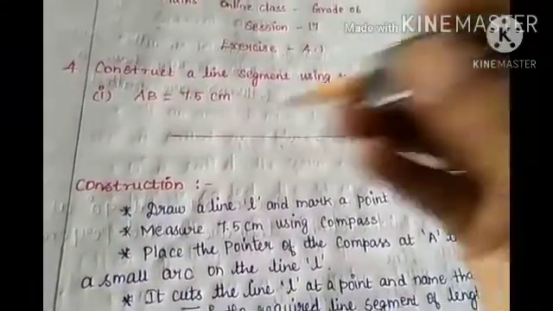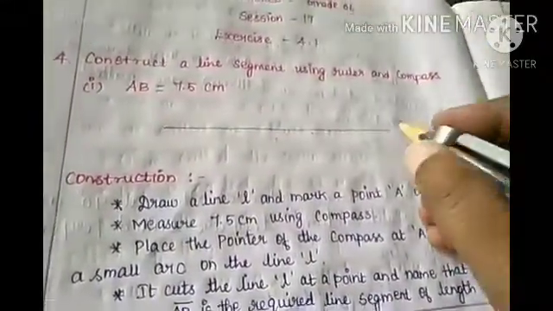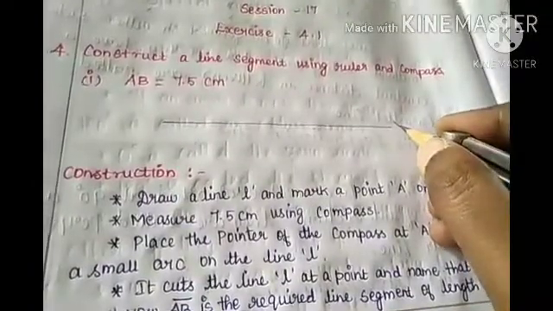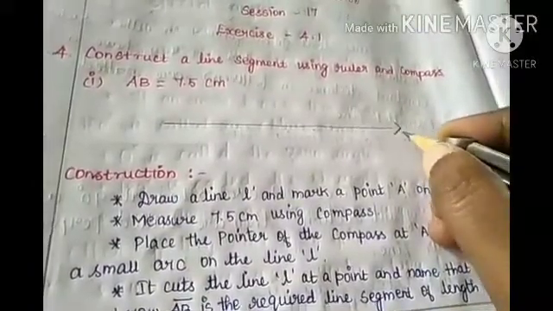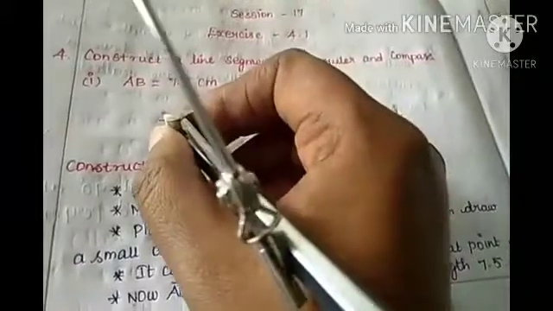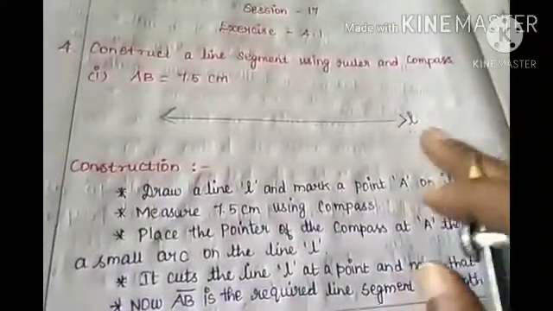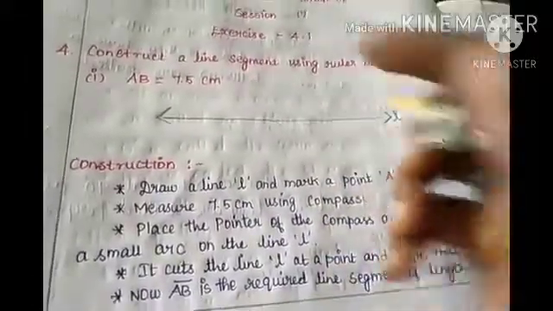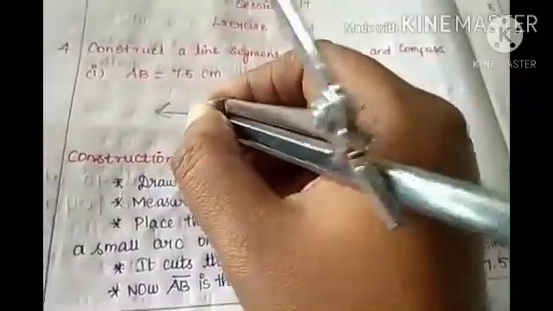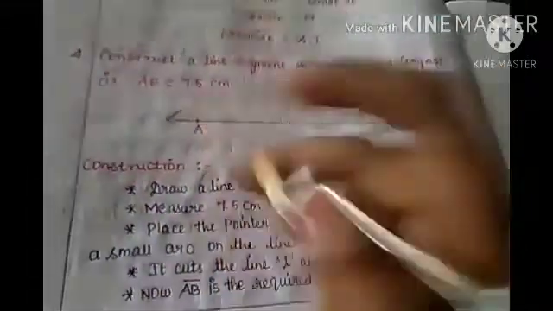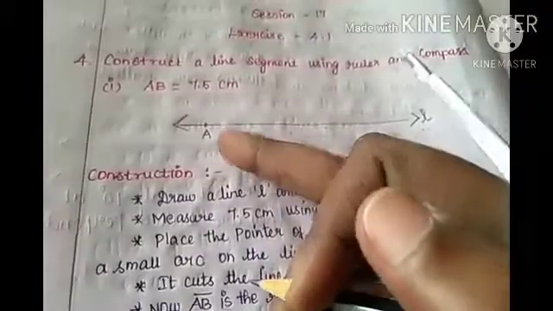I already drew one line, and its name is L. Now I am going to mark a point A on it, because AB equal to 7.5 centimeter.